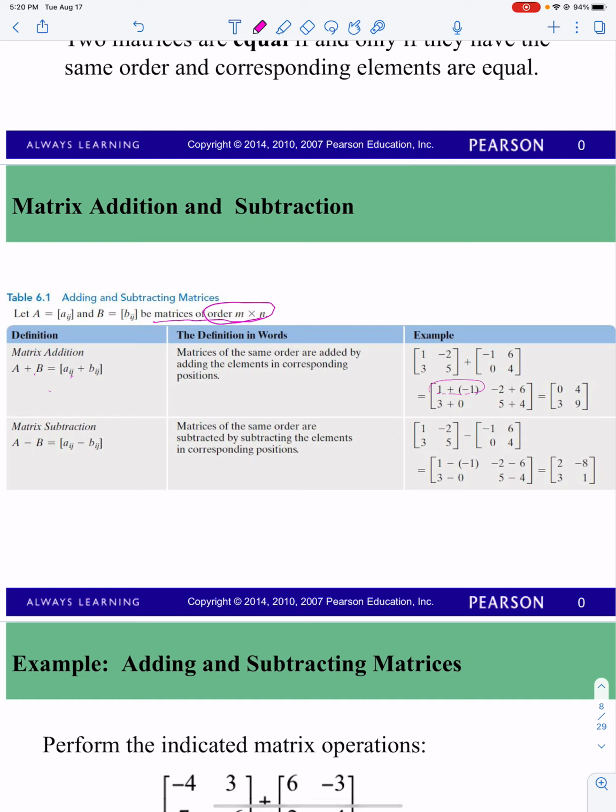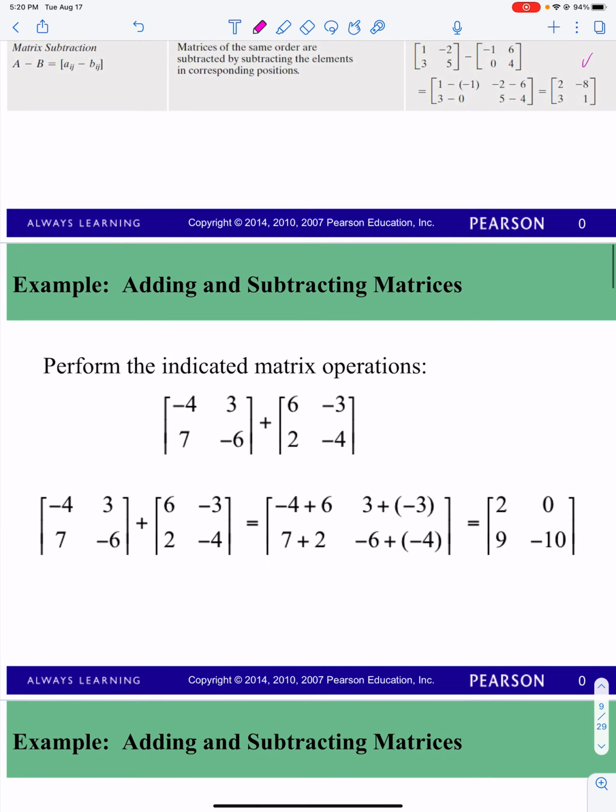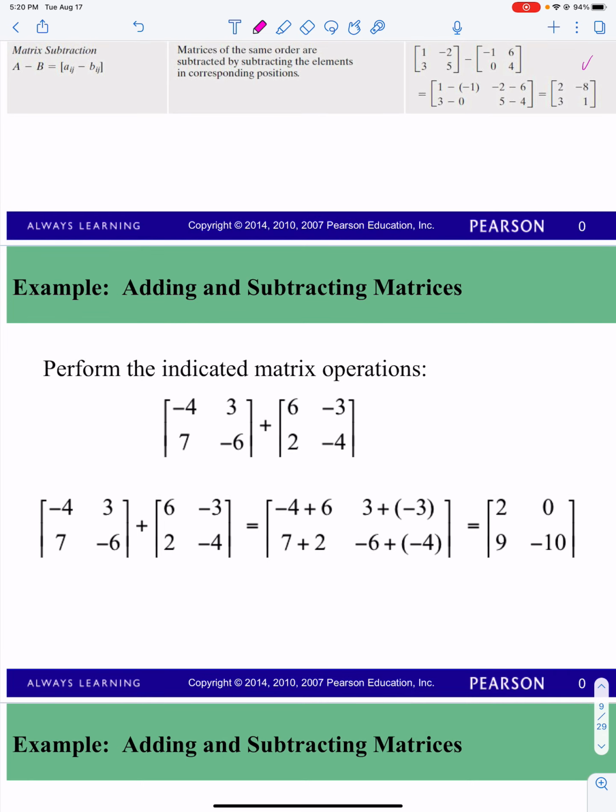So Aij plus Bij: the ith row, jth column of both matrices, and then you add or subtract them together. So this is the example, and similarly you do this for subtraction too.